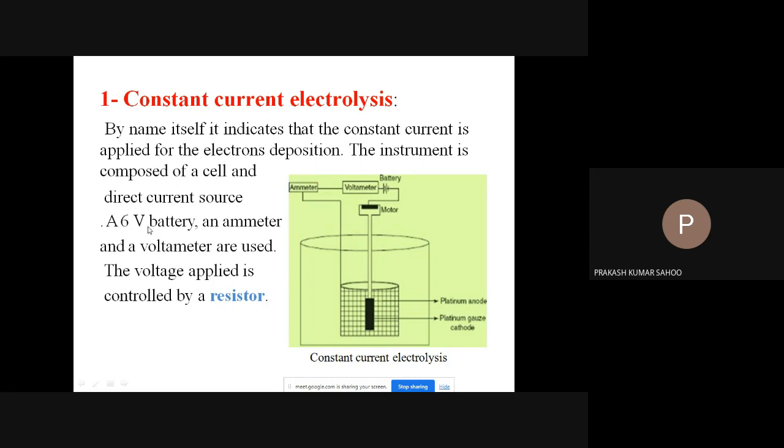With an ammeter, the current is maintained at a constant value, and by changing the potential we have the deposition of the metal ion in the cathode compartment, that is the platinum gauze.